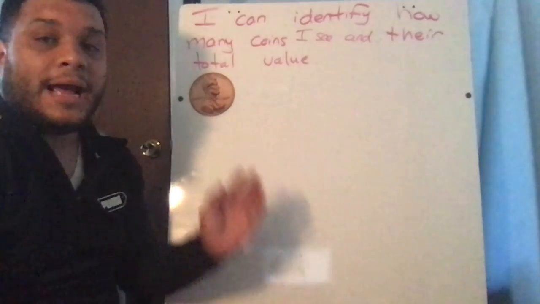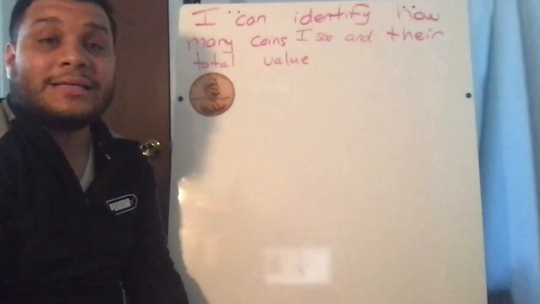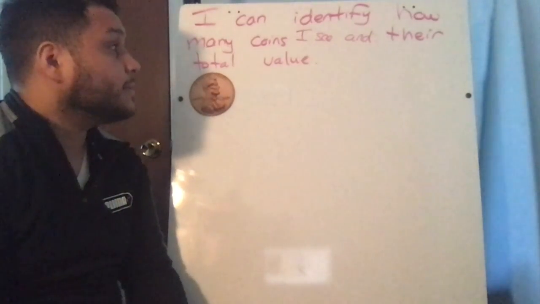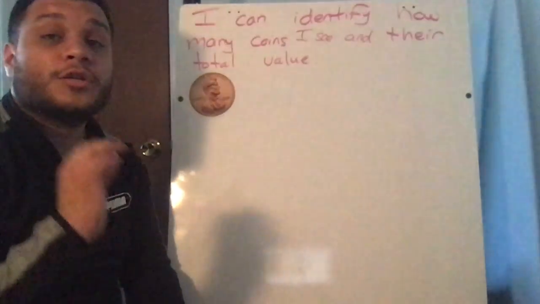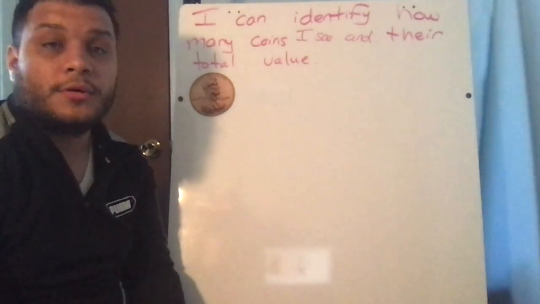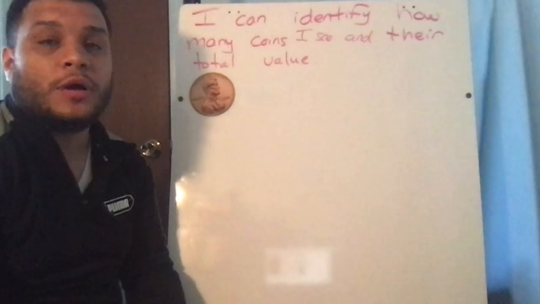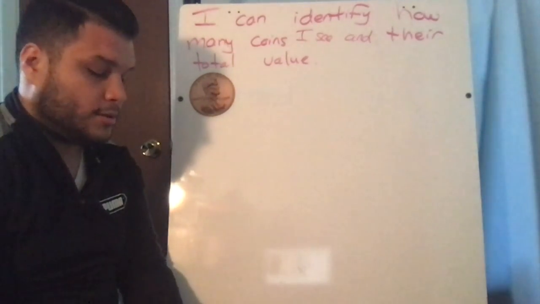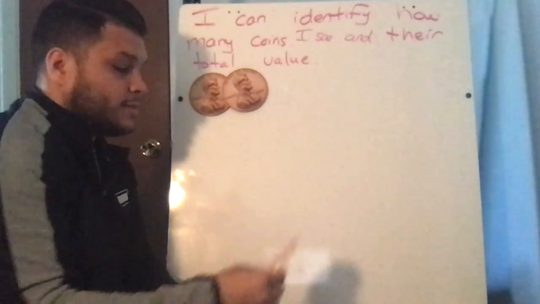When we look at our board, we have 1 penny. We know that 1 penny is equal to 1 cent. Today, I want to identify how many coins I see and their total value. Our critical question was asking, why is it important for us to know how to add coins together? Well, what happens when we see something like this?